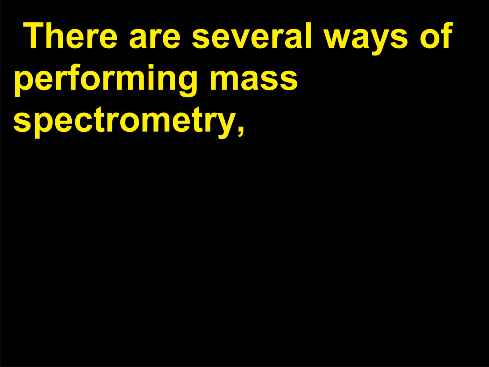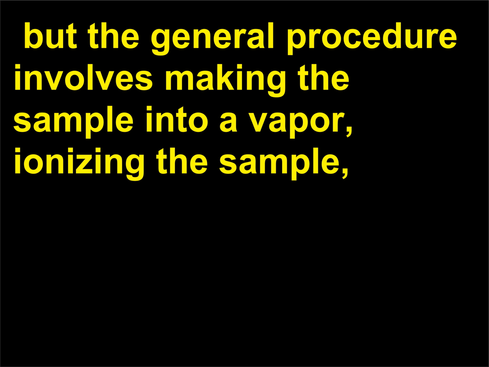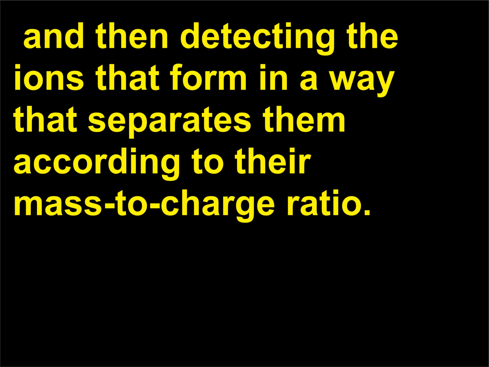There are several ways of performing mass spectrometry, but the general procedure involves making the sample into a vapor, ionizing the sample, and then detecting the ions that form in a way that separates them according to their mass-to-charge ratio.